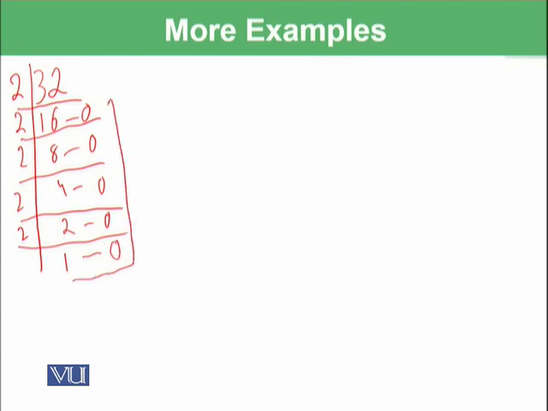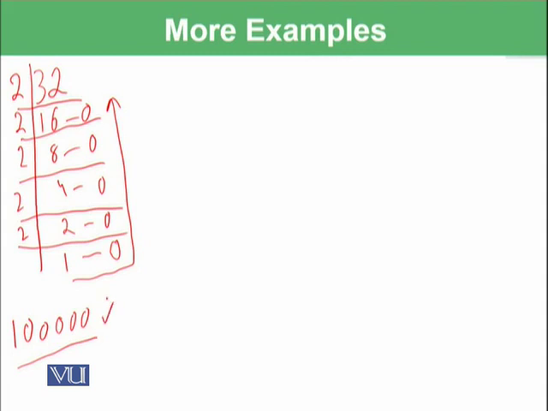And we write it this way, so this becomes 1 0 0 0 0 0. There are 1, 2, 3, 4, 5 zeros with a 1 in the leftmost position, and this is represented as 32.